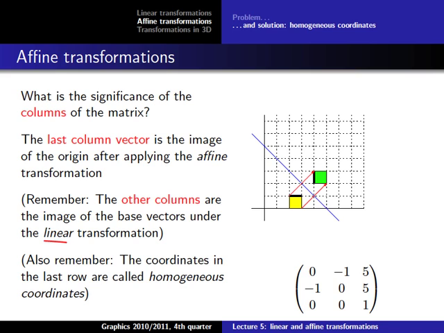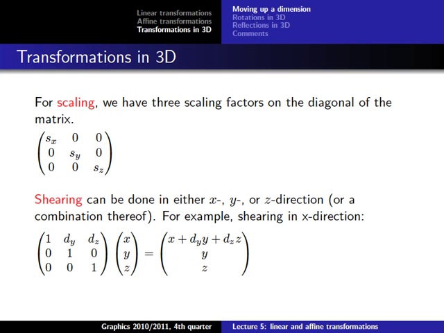And these values here, so let's call them A and B, these here are the images of the origin under the affine transformation. And here, of course, we have the homogeneous coordinates. Good. All right, and there will be more examples like this in the exercises where you have a chance to practice it.